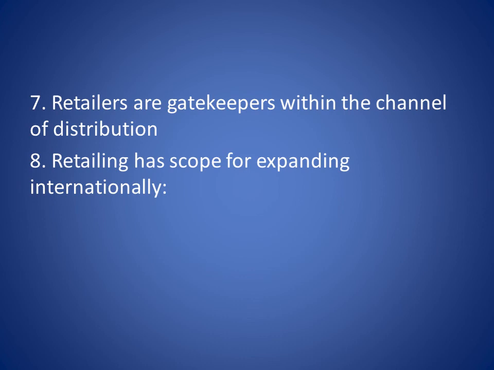That is how the retailer has the ability to change or to shape the demand of the consumer. Okay, the next importance of retail management is that retailing has scope for expanding internationally.